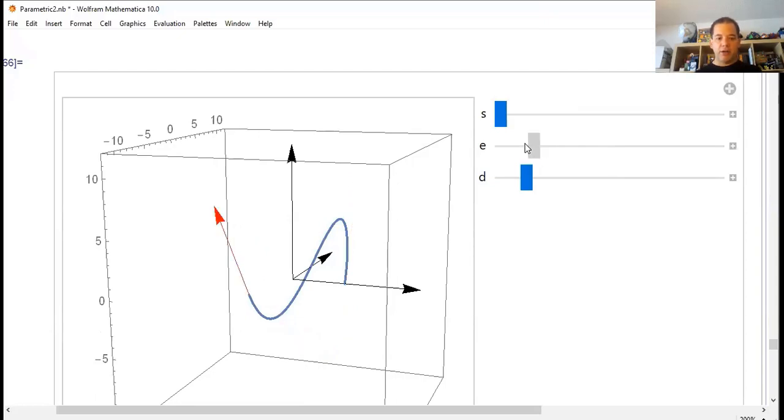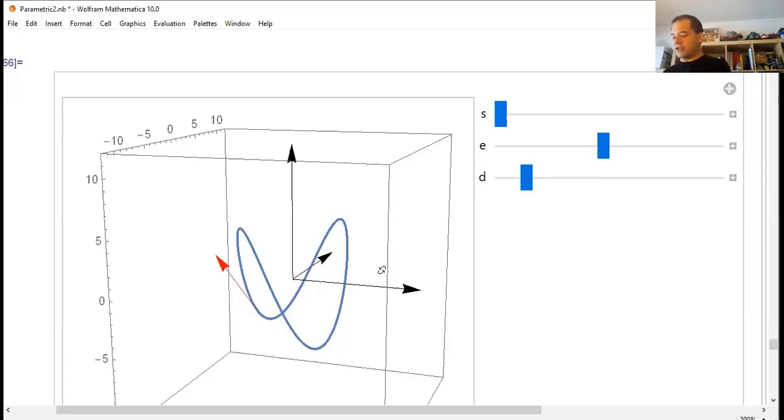And I can look also at the vector. The red vector seems to be getting a little small over there, then big, then small again, then big, then small again, then big. It seems like the velocity vector changes magnitude. So I can't tell just by looking at the graph whether it lies on a sphere or not.